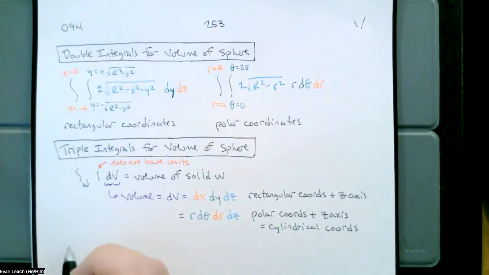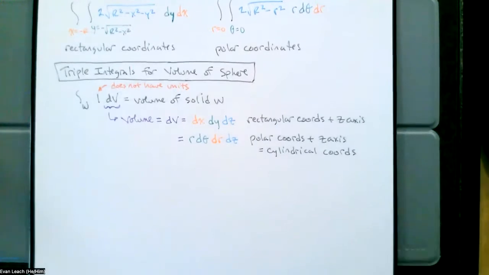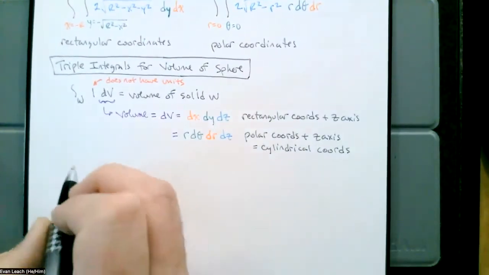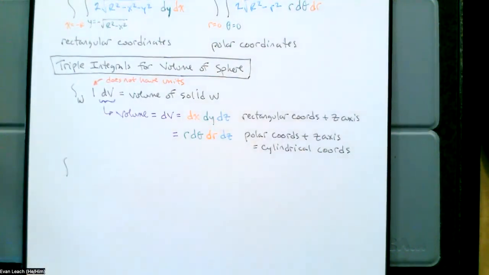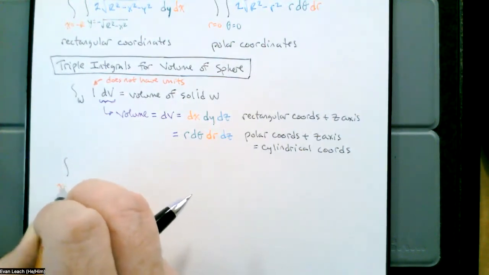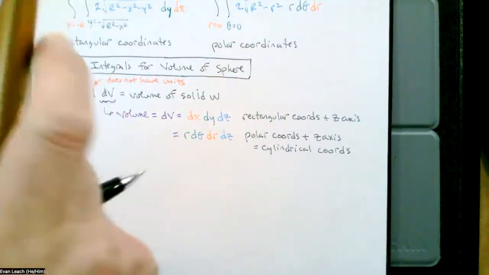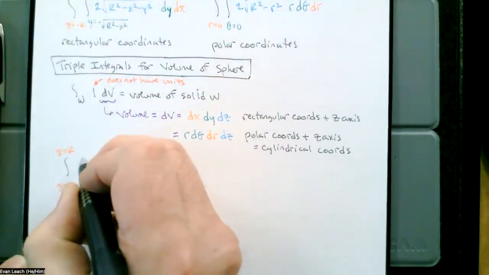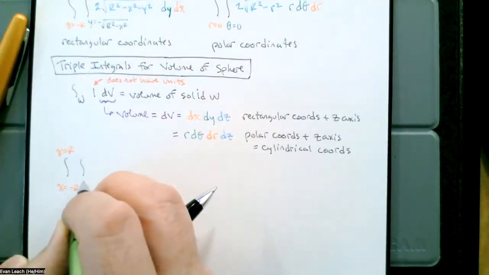So in rectangular coordinates, x will go from negative r to r. Y still goes from the negative square roots to the positive square roots.